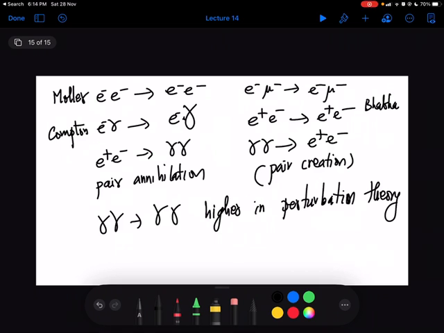So let's consider. So what I have is, we'll just write a set of rules collecting all the information we had from all this background and whatever little bit of quantum field theory I covered.